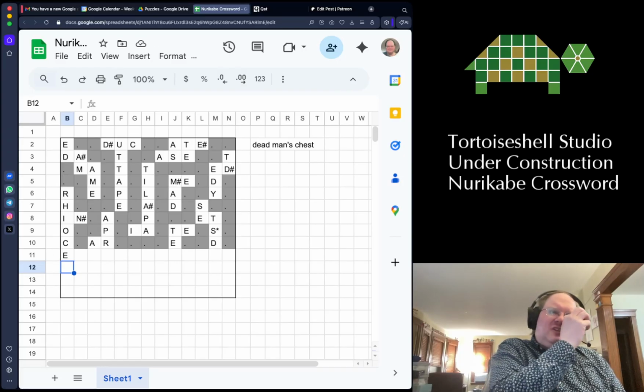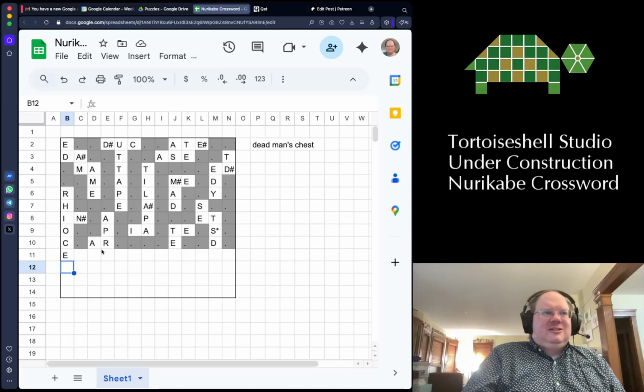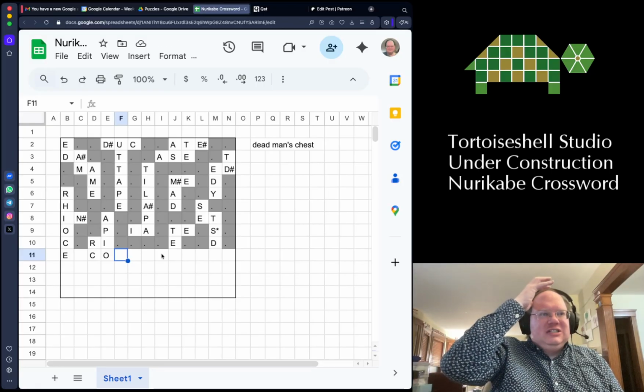Oh, but I still need to have something in chest, and it's too soon for the T. Oh, apricot. Apricot. That works. So CO, maybe something like that. Eco.